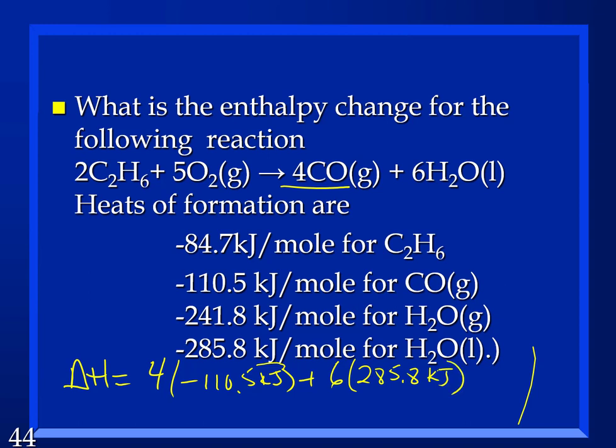Minus the reactant, so minus, subtract, 2 times negative 84.7, got that negative there. Minus 5 times 0, because O2 is 0. Okay, I put that minus there to remind you if there's 2 reactants, you want to subtract both of them.